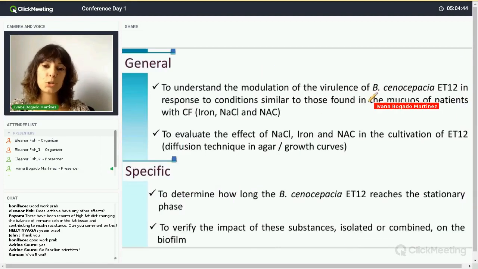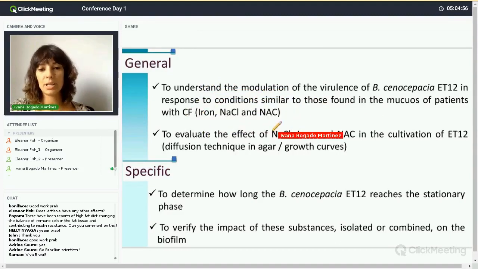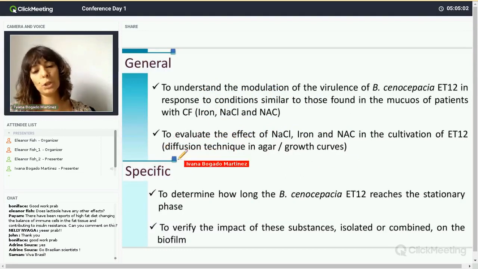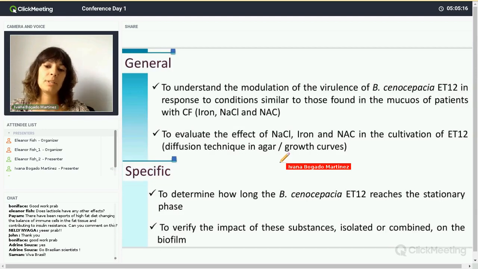As objectives, to get to this point, we are going to try to understand how the bacteria behaves in the presence of this substance. At first, we are going to look at this using two different techniques, that is the diffusion technique in agar, and growth curves to see if the bacteria can grow in the presence of this substance.